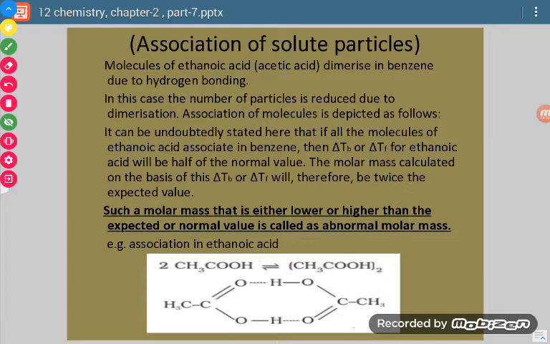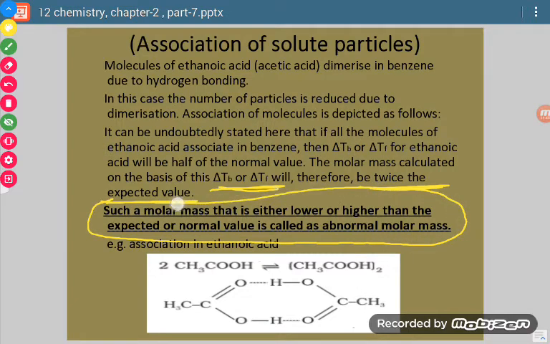So whatever value of colligative property we get, that will be different from our expected value. Okay. So because of this reason, the molecular mass that is either lower or higher than the expected or normal value is called abnormal molar mass.